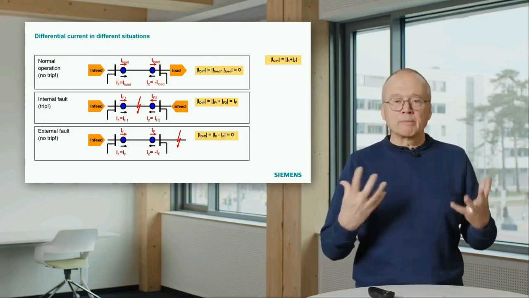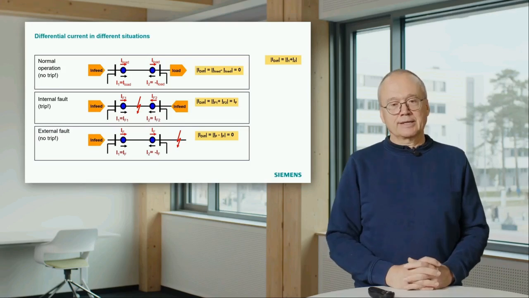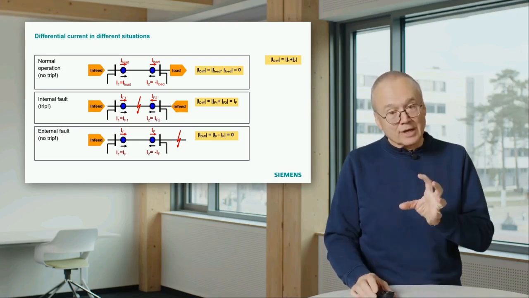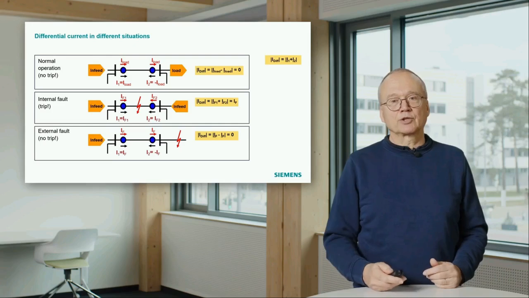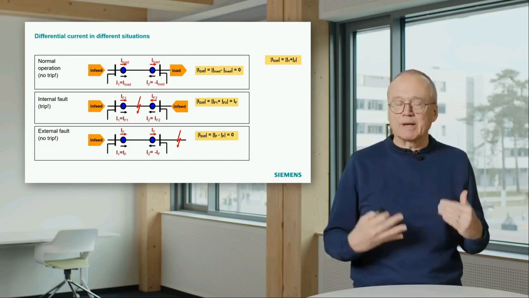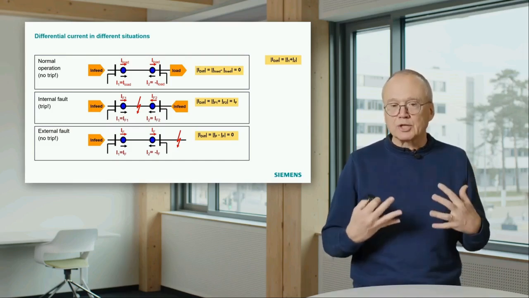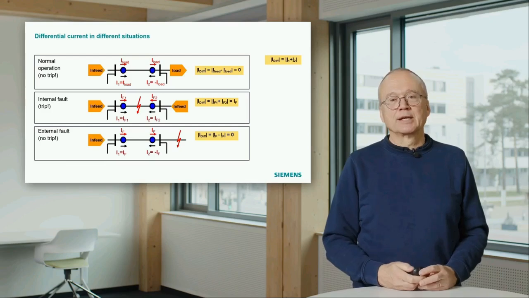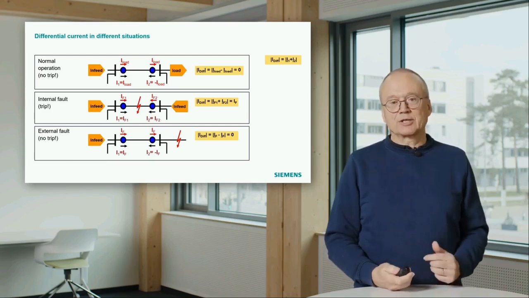That means all measurement errors tend to be much higher. Theoretically, in this case, the differential current is 0. Practically, and we will see that on the next slides, we have to make up our mind what can be a differential current in this situation.